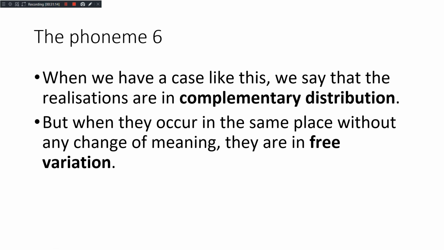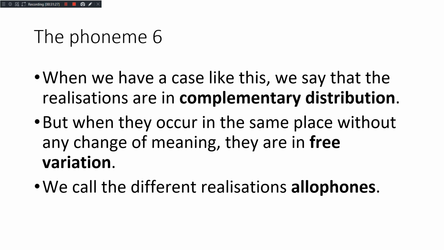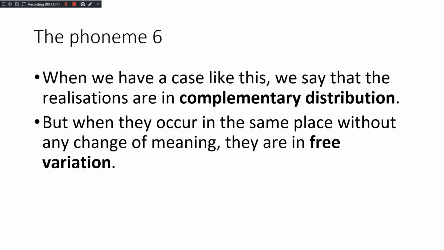The example of voiced and devoiced b. We say that sometimes b can be voiced and often it is not voiced, or there's very little voicing. And I have said allophones many times, and I remind you that we call the different realizations allophones, realizations of the same phoneme.